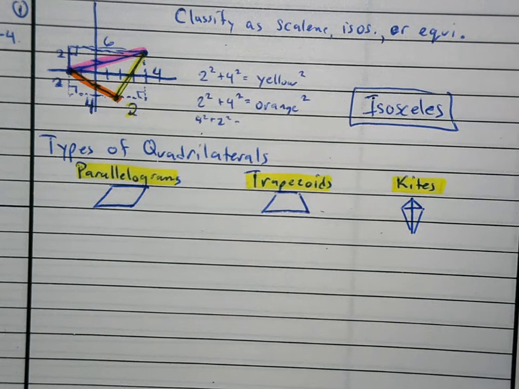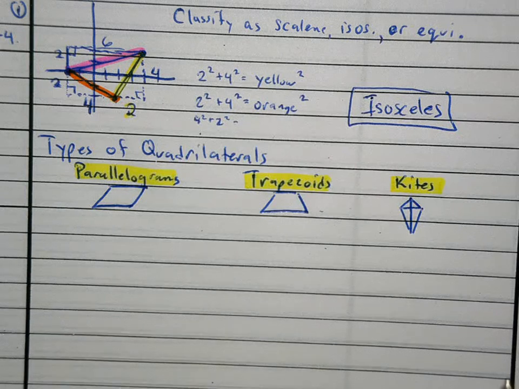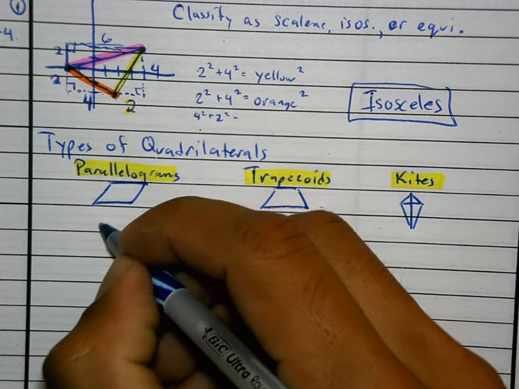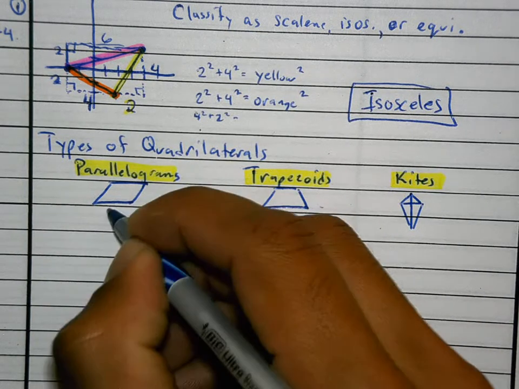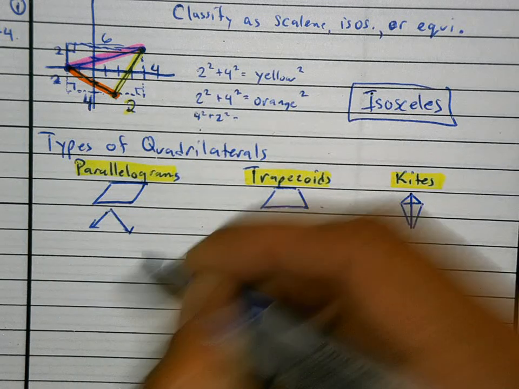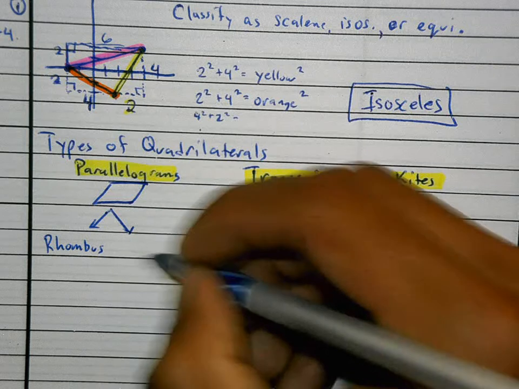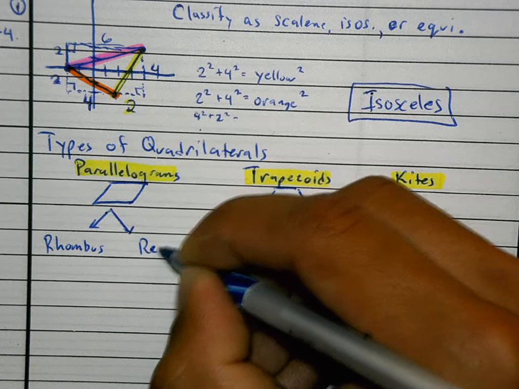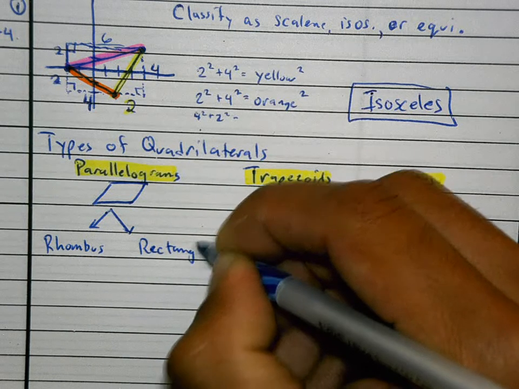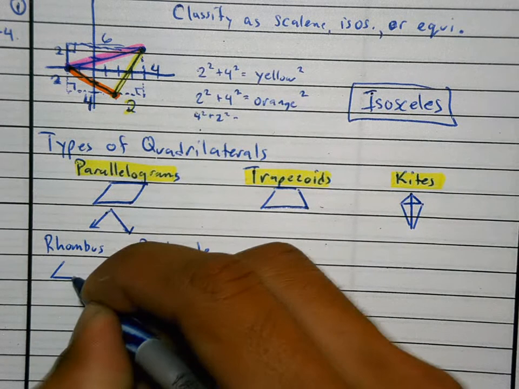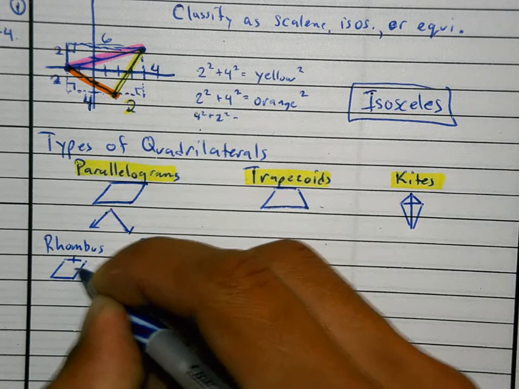Now, as a part of this flow chart, what is a parallelogram? There are two different types of parallelograms. I'm going to draw an arrow this way and an arrow this way. There's a rhombus, and there's a rectangle. A rhombus has all four sides the same.